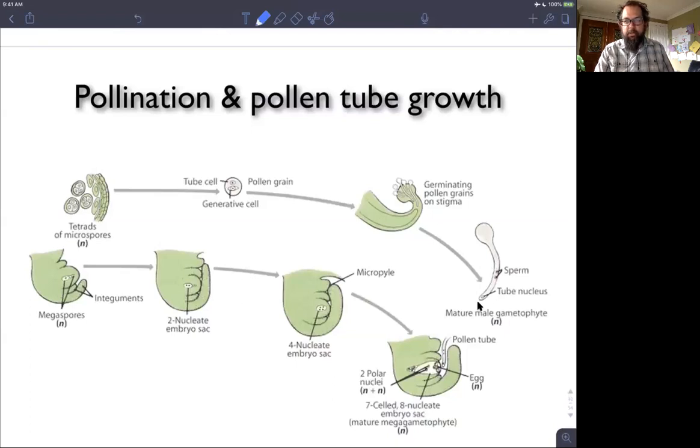As that grows down, the tube nucleus moves along with it, and the two sperm nuclei also move down the tube. So the pollen tube is a delivery mechanism for the sperm nuclei to get to the ovule, to the embryo sac, to that female gametophyte.